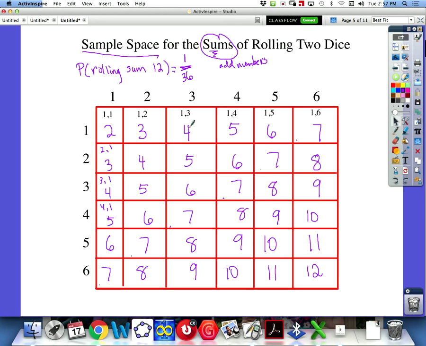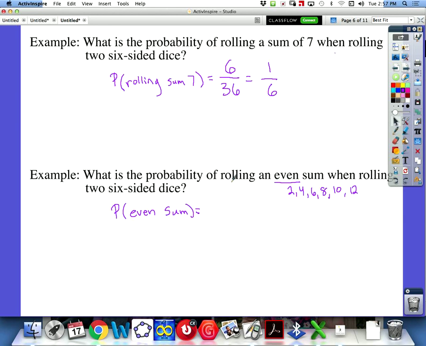So 1, 2, 3, 4, 5, 6, 7, 8, 9, 10, 11, 12, 13, 14, 15, 16, 17, 18. So the probability of getting an even sum is 18 out of 36. And that actually simplifies to 1/2. So the likelihood of that happening is pretty good. You have a 50% chance of rolling an even sum.